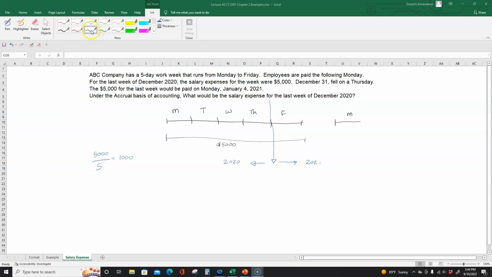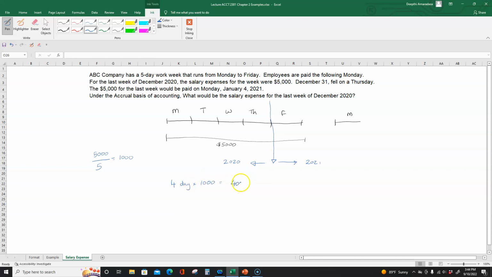Now we could look at how many of these days belong to 2020 and figure out what would be the salary for the last week of 2020. Well, visually, we can see that there are 4 days, so it's easy. We've got 4 days times a salary of $1,000 per day.